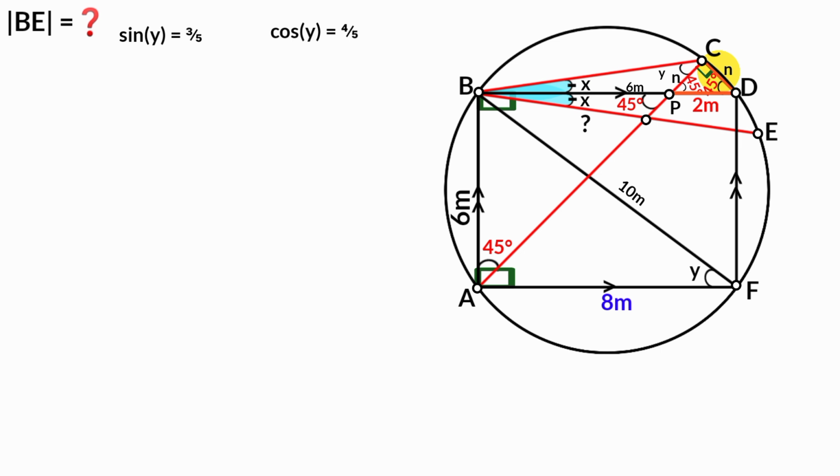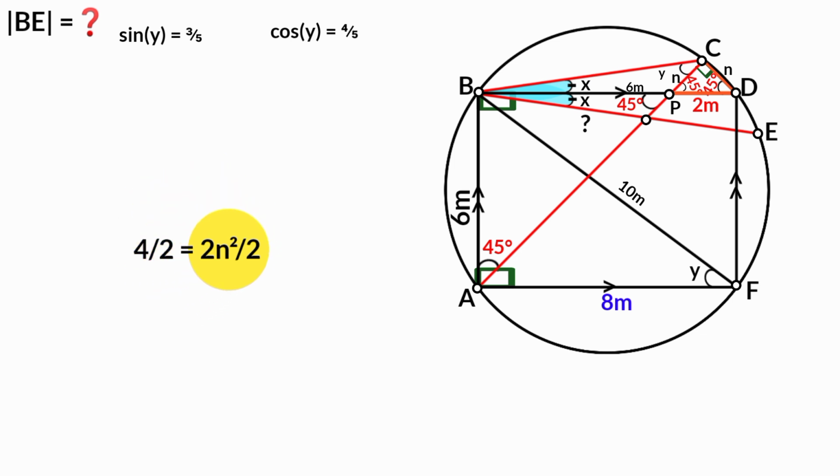Now if you use the Pythagorean theorem, we know the square of this hypotenuse, which is 2, must be equal to the sum of the squares of this n and this n. So 2 squared equal to n squared plus n squared. 2 squared is 4. n squared plus n squared is 2n squared. So 4 equal to 2n squared. Divide both sides by 2.